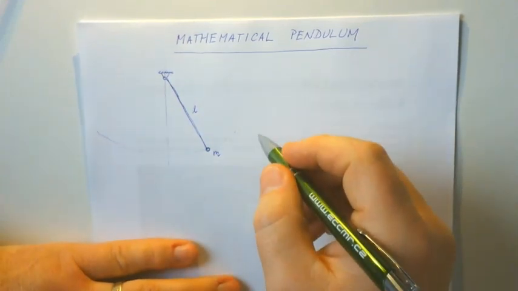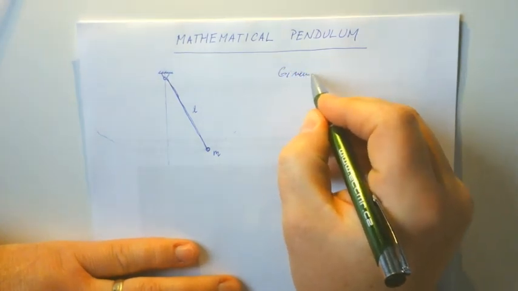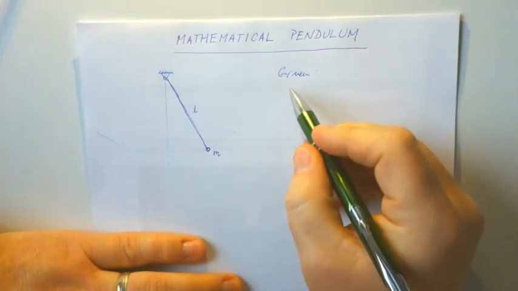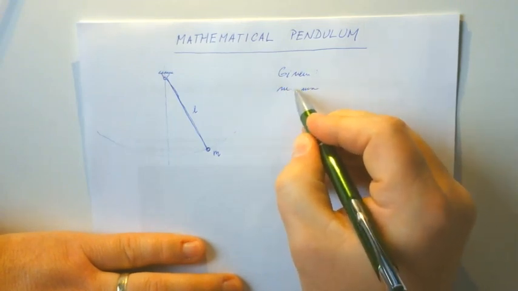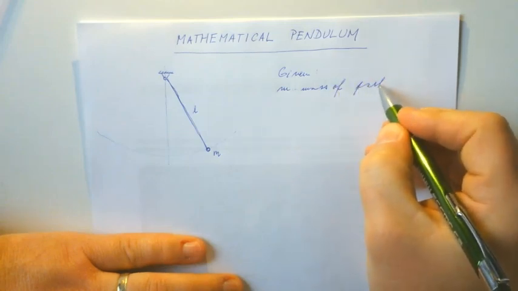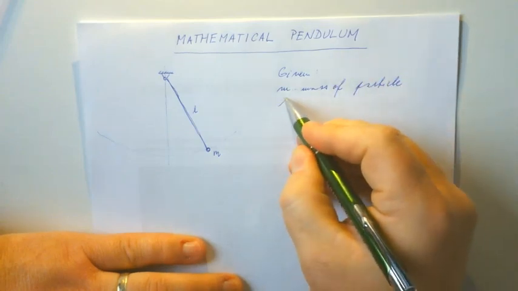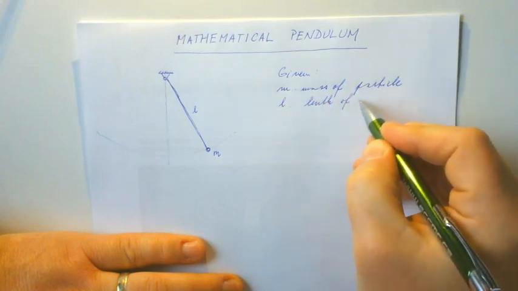So we can give some input quantities. So m is a mass of particle, L is a length of string.